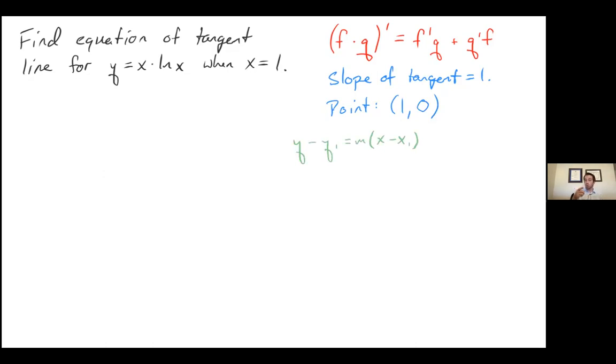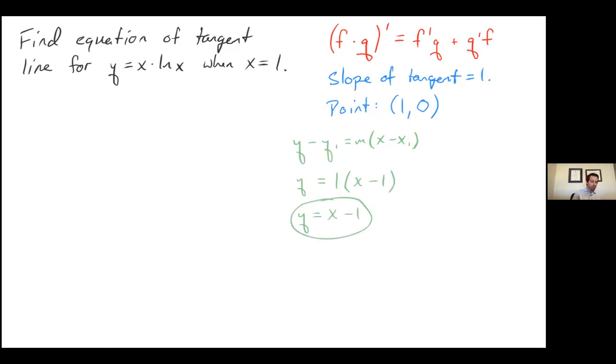I put in the slope where the m is, and I put in the x1 and the y1 based on the point 1, 0. So y minus 0, which I don't need to write, so I'll just get rid of those. y equals m, which is 1, and I don't really need to write that either, but just for the look of the thing, then x minus 1.